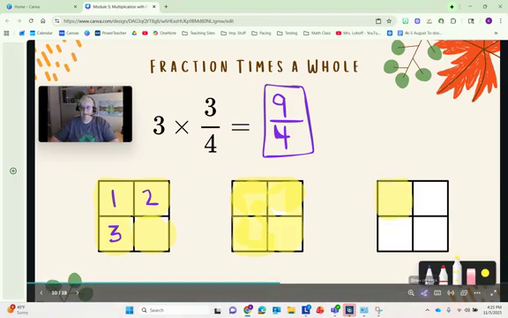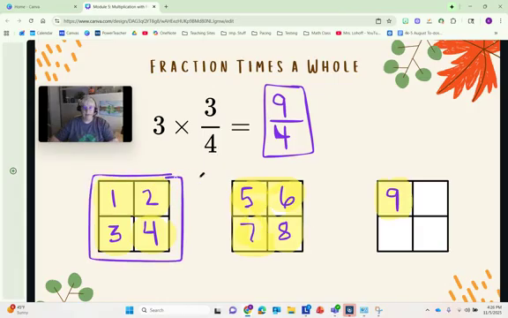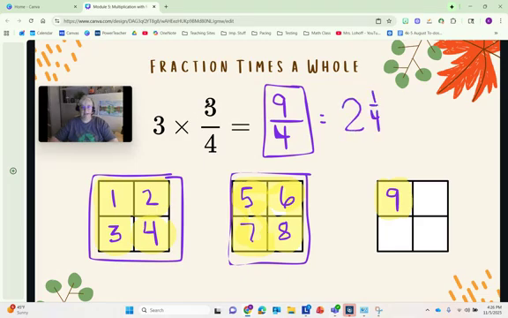I'll put the numbers in so that you can see that: 1/4, 2/4, 3/4, 4/4, 5/4, 6/4, 7/4, 8/4, 9/4. I just moved them around to fill in those empty spaces, and now I can see I have one whole, I have a second whole, and I have 1/4 of this. So 9/4 is the same as 2 wholes and 1/4. So 3 times 3/4 equals 2 and 1/4.